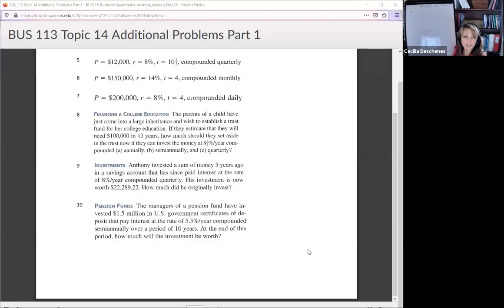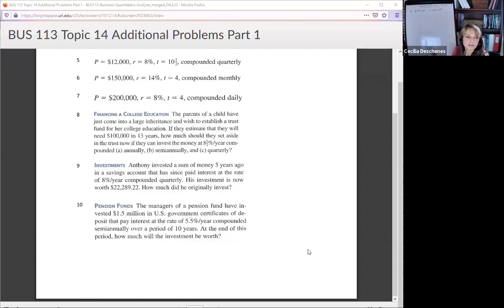Okay, so what we're going to need is that the managers invested $1.5 million. So that's our principal, $1.5 million. And the interest rate that they're getting is 5.5% per year. So rate equals 5.5%, which is 0.055.